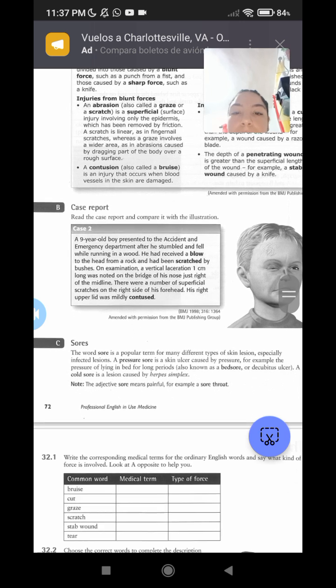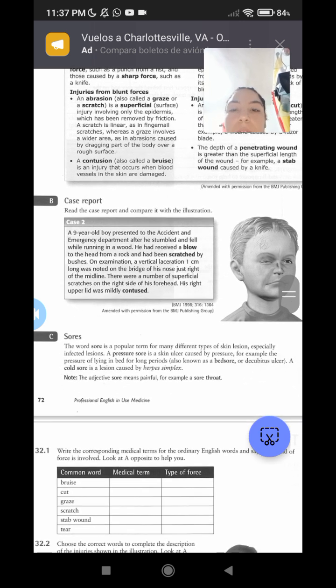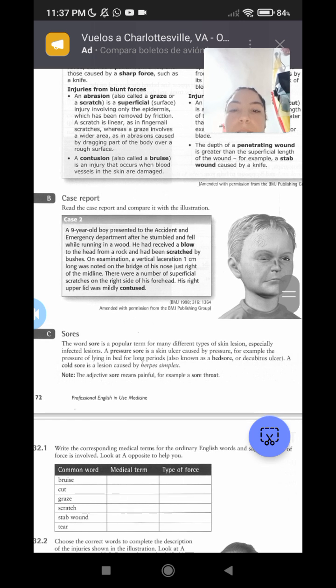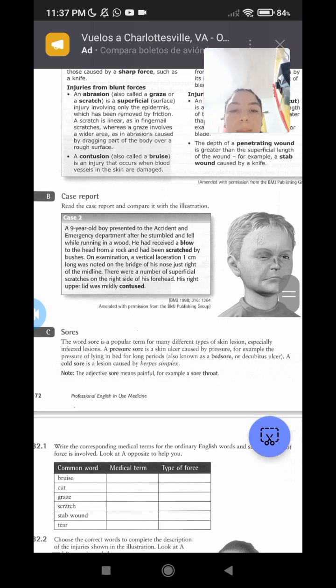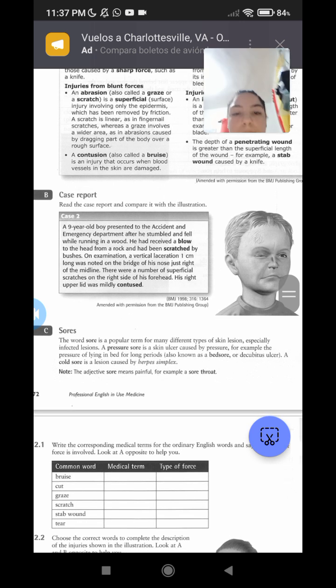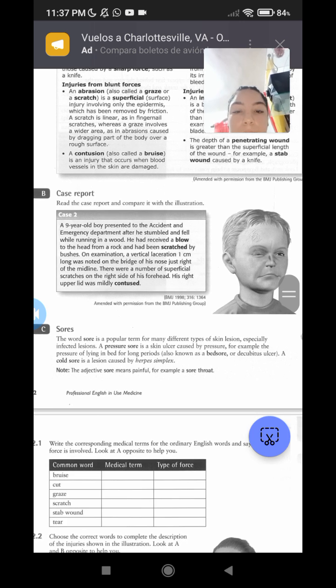Case report. Read the case report and compare it with the illustration. Case 2. An 8-year-old boy presented to the accident and emergency department after he stumbled and fell while running in a forest. He had received a blow to the head from a rock and had been scratched by bushes.